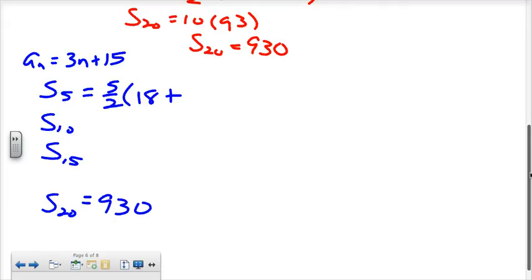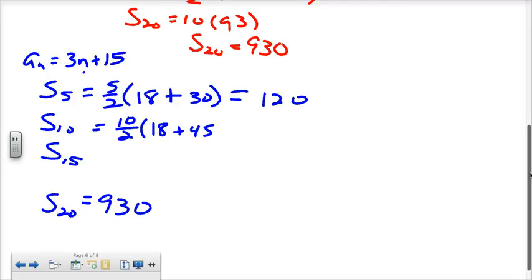So 3 times 5 is 15, and 15 plus 15 is 30. So the sum of the first 5 rows is 120 seats. 10 rows. 10 over 2, and then the first one is 18. Plug a 10 in. You get 45, and that comes out to 315 seats.